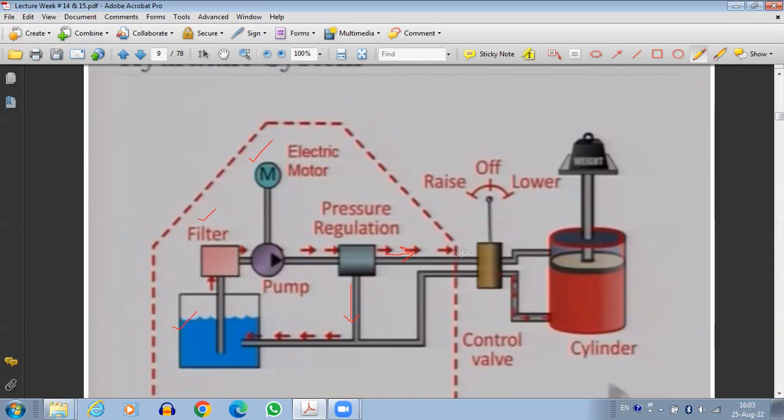On the generation side, we have a pressure port, from where the pressurized fluid is coming, and then we have the port which is returning the fluid back to the tank. So we have the pressure port and the tank port.